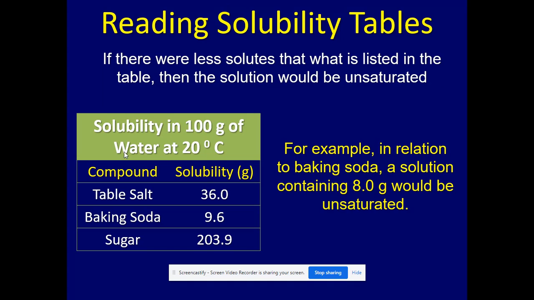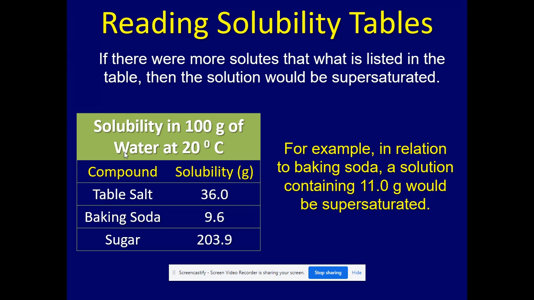For example, for an unsaturated solution: for baking soda, 9.6 grams can be dissolved at 20 degrees Celsius, but if you had only 8.0 grams, it'd be unsaturated. For a supersaturated solution: again for baking soda, 9.6 can be dissolved, but if you have 11 grams, it'd be supersaturated.